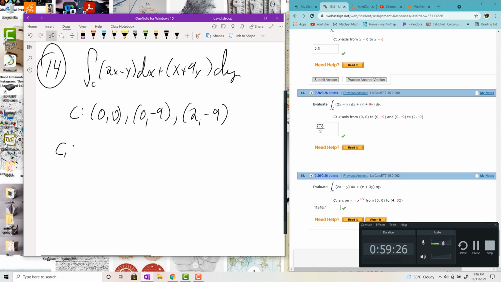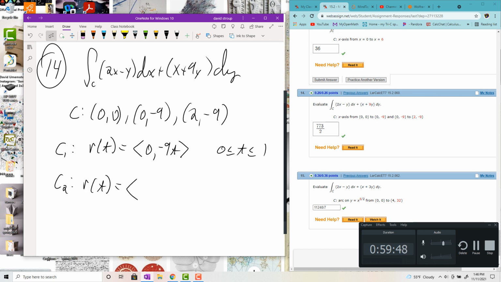C1, I'll say r of t is going to be 0 and then negative 9t, and the parameter is running from 0 to 1. And then C2, r of t is going to be 2t, so I'll run the parameter again from 0 to 1.